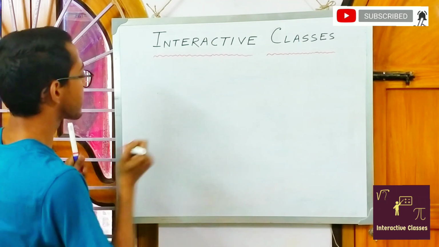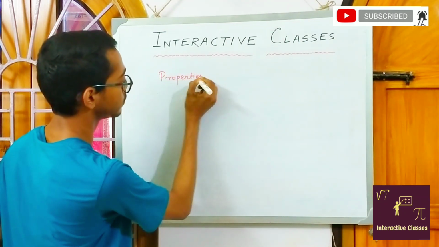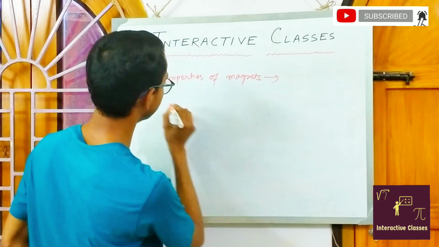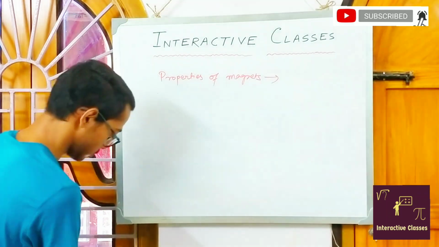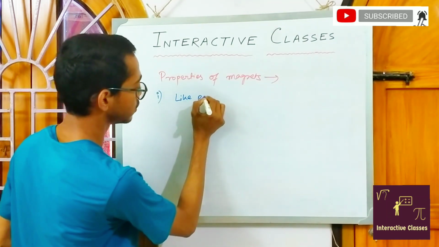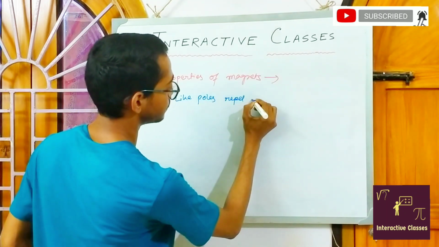So, properties of magnets. Like poles repel each other.